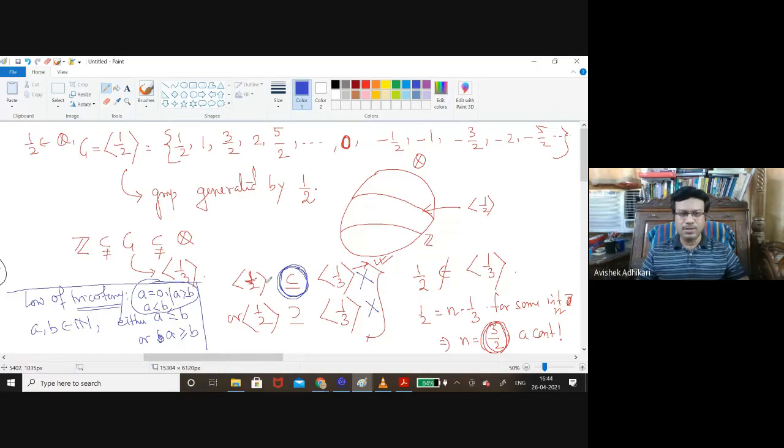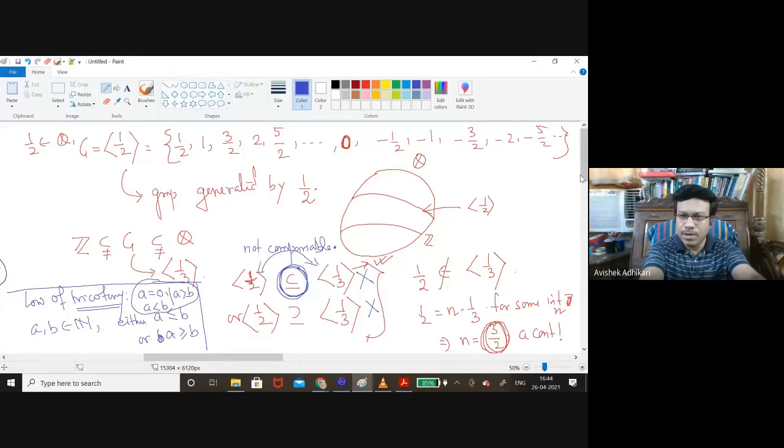That means we can say that these two subgroups, or as sets, they are not comparable. So again, that's very important with respect to subsets. In case of integers or rational numbers or real numbers, you can have this relation, but in case of a subset, you cannot.